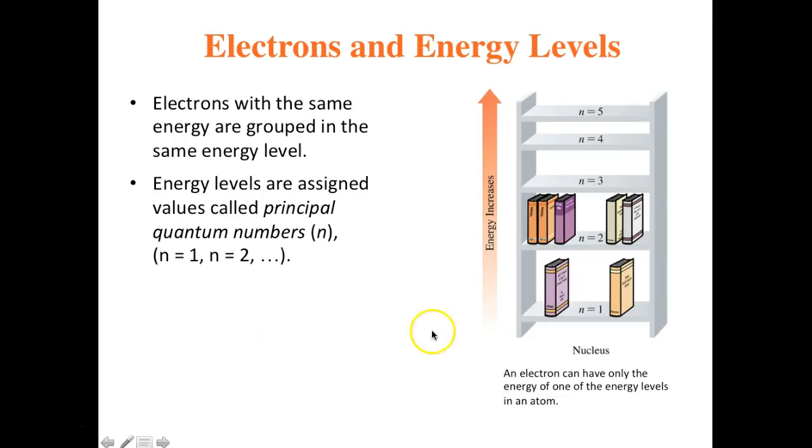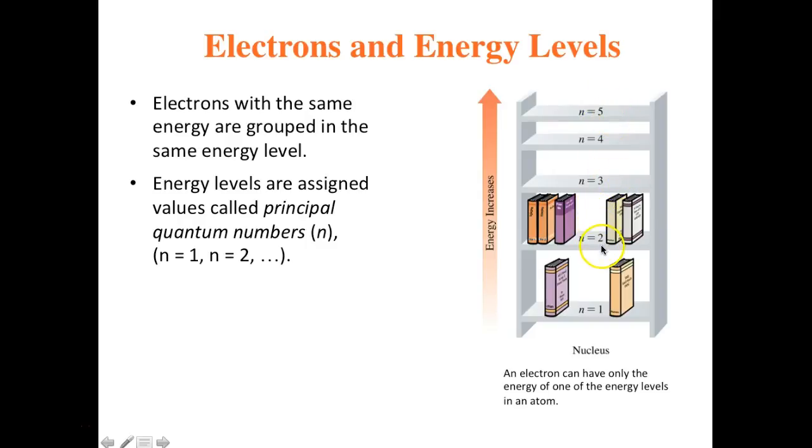Okay, so as I said, you can even liken these energy levels to a bookshelf. So n equals 1 is the closest to the nucleus. It has the least amount of energy. And then as you go further away from the nucleus, like climbing a ladder, the higher you go, the more energy, because you have more potential energy in case of the ladder or the bookshelf.